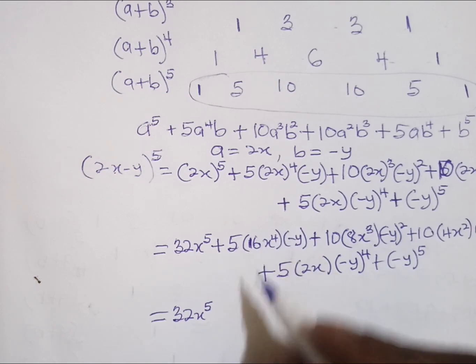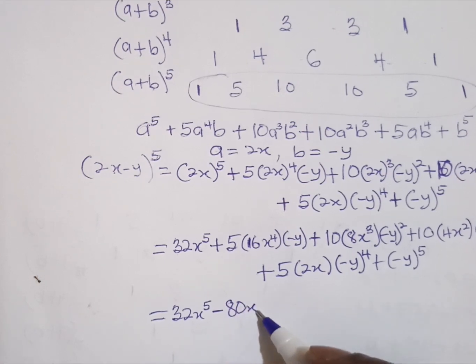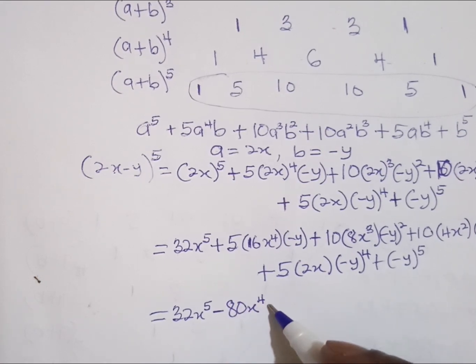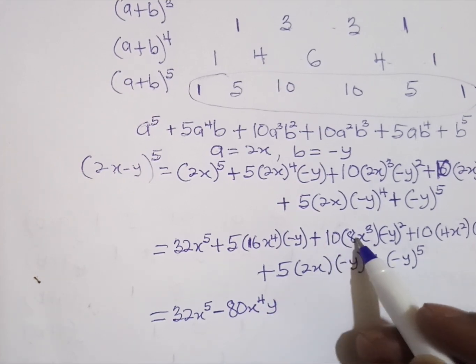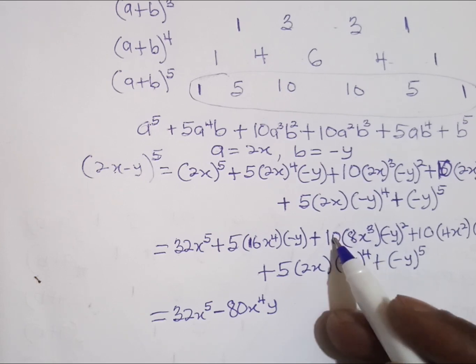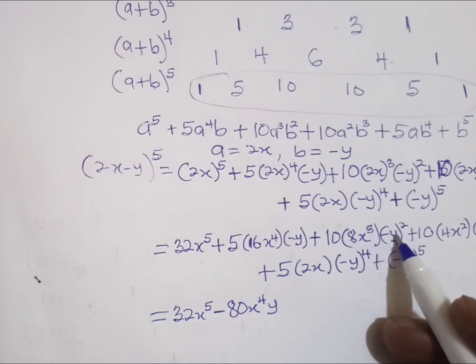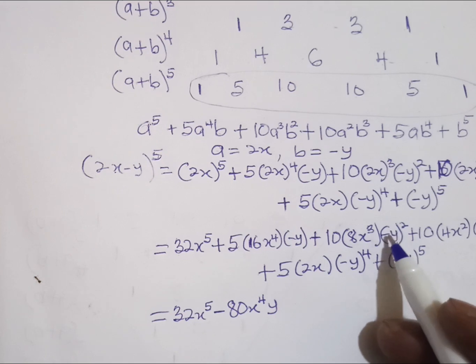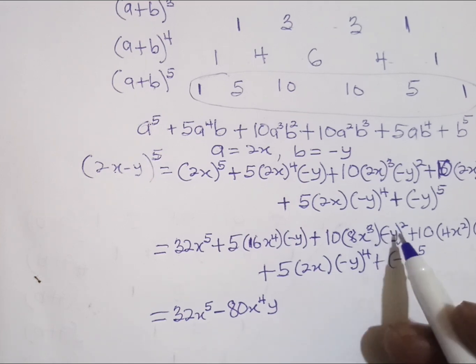And remember there's a negative sign here. So if you multiply, it will affect it. So I'll get my 80x exponent 4 y. Then here too we have what? So 10 times 8 will still give me what? 80. But remember we have y squared. And anytime negative y multiplies itself, then you get what?